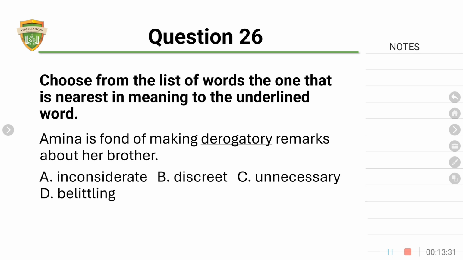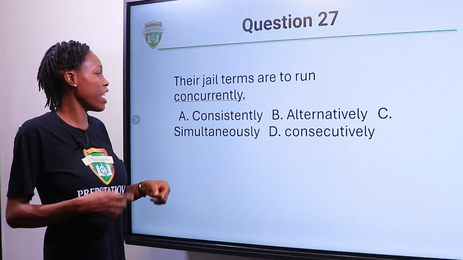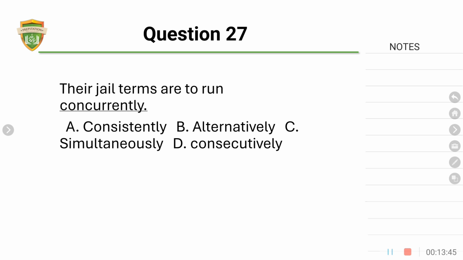Derogatory remarks. Question 27. The jail terms are to run concurrently. A, consistently, B, alternatively, C, simultaneously, D, consecutively. The answer to this question is simultaneously, concurrently, that is side by side.